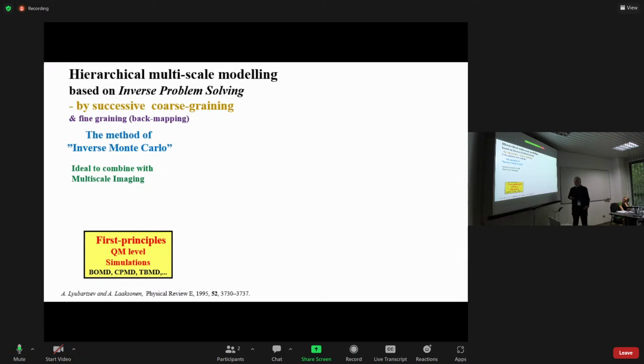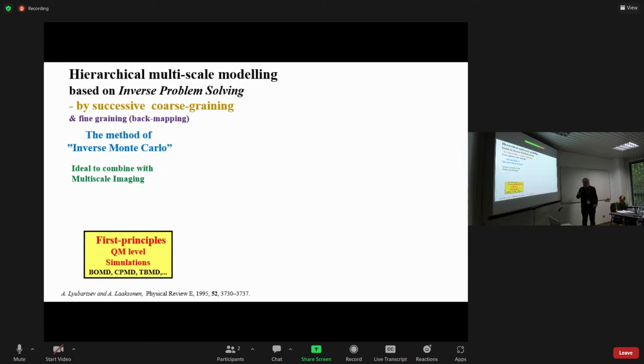I will not explain these methods. So this means Born-Oppenheimer molecular dynamics. This means Car-Parrinello molecular dynamics. This means tight binding molecular dynamics. They're not important here when I describe this method.